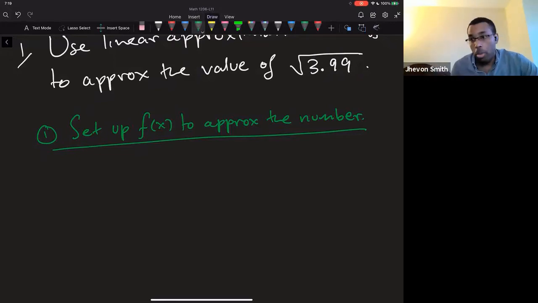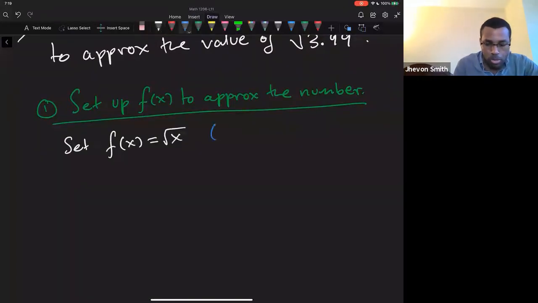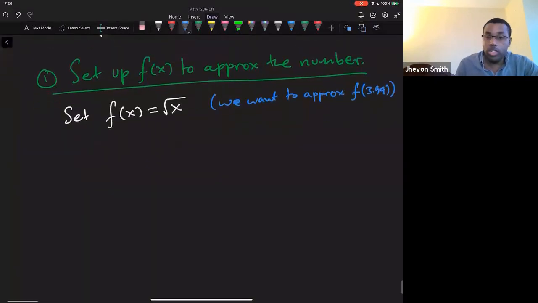Now, you just have to come up with a function that you think would be a good candidate for doing that. Since I want to approximate the square root of something, square root of x seems like a really nice function to do. So set f of x equals the square root of x. And just note, we want to approximate f of 3.99, right? So the first thing you do is set up a function.